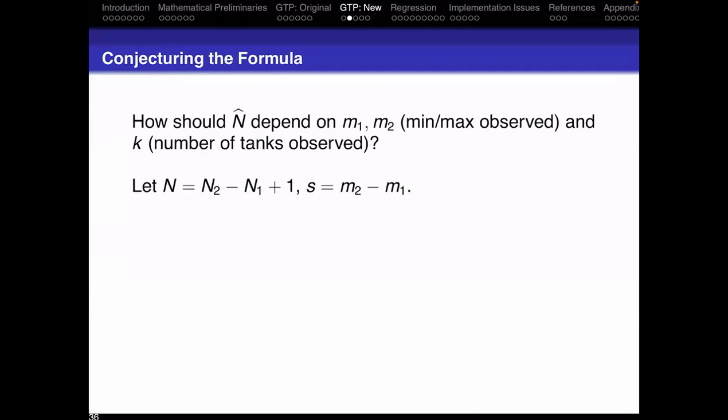Okay. So I'm going to let S be the spread, M2 minus M1. What do you think the formula might be to estimate the number of tanks in terms of the spread? Before, we knew it had to be M plus, then we had maybe M over K, or some constant times M over K. What would you guess here?